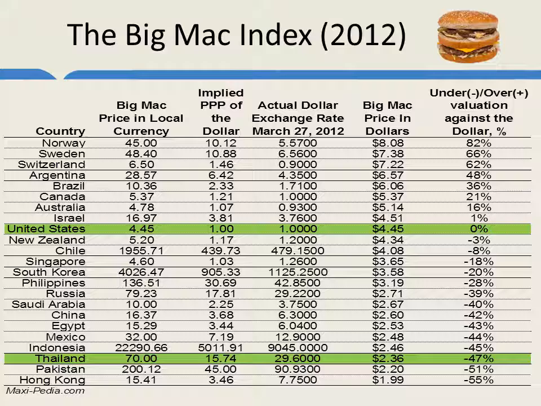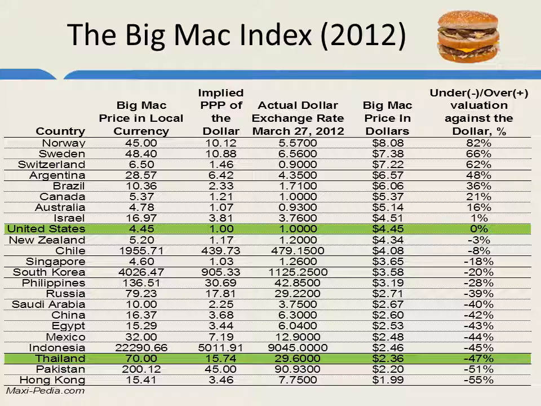In Thailand, the exact same basket, the same Big Mac, you can buy it for 70 baht. What that suggests, for example, is that somebody who earns 70 baht an hour in Thailand has about the same standard of living as somebody who earns $4.45 an hour in the United States.